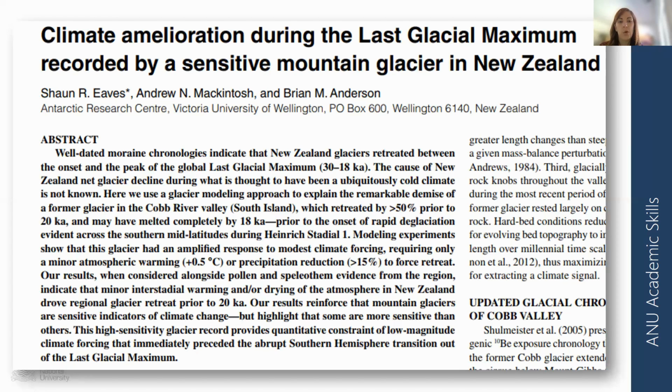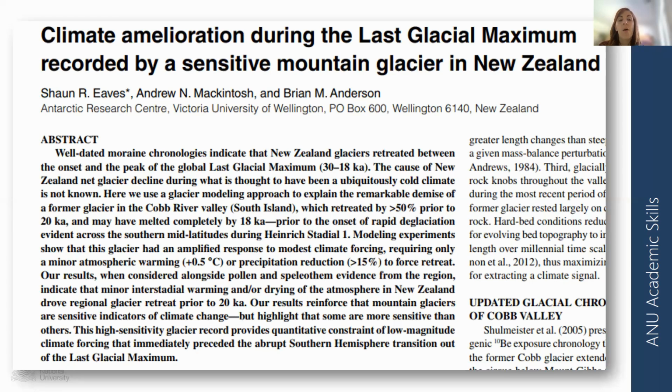And then, like we saw before, they talk about their results. Two sentences there. That first one: our results indicate minor interstadial warming and/or drying. And what does that mean? It reinforces that they are sensitive indicators of climate change. Some are more sensitive than others.